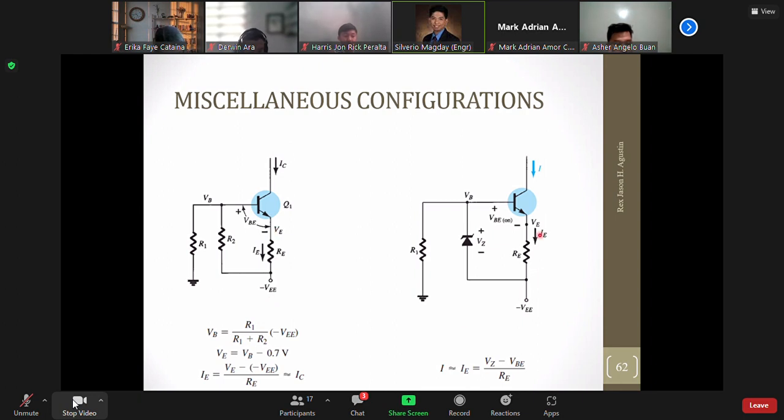Tapos kapag given ka ng Zener diode, just like etong configuration na to, your I in here is actually equal now to your VZ minus your VBE over your RE. Kumbaga yung I is actually equal to your IE. Parang si IC lang din yun, IC and then your IE.